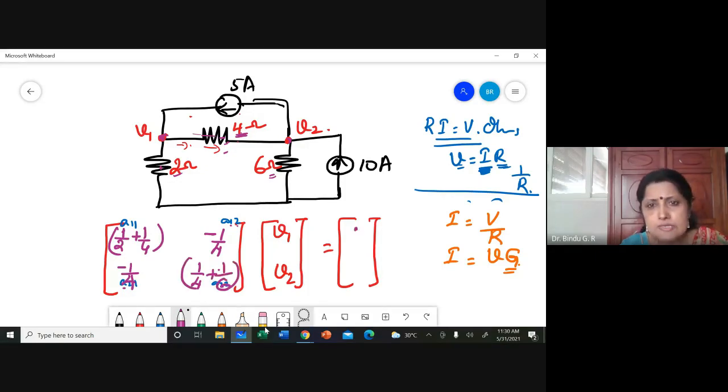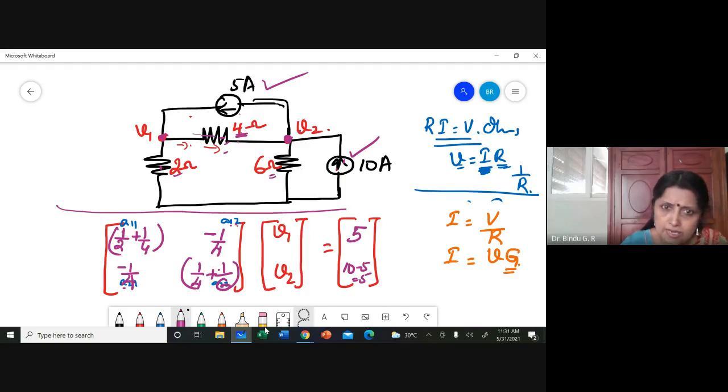And here, the current source which is connected to V1 alone is 5 ampere. It is coming into the node. Again, for V2 it will be this 10 and 5 ampere. Both are connected here. 10 is going in. So 10 minus 5, that is again 5.